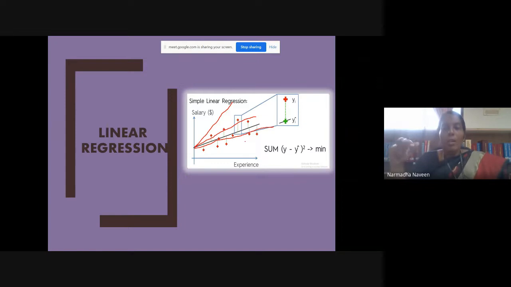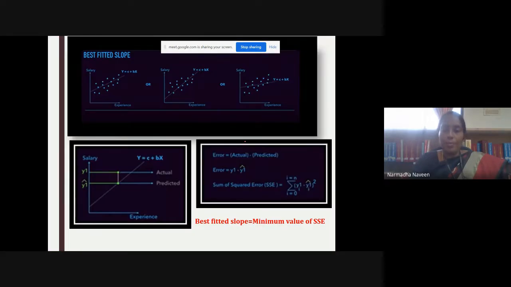This can be represented as the minimum of the error rate, the minimum of the difference between the actual value and the model value. This is given here by the formula: error is equal to actual minus predicted value, where actual is represented by yi and predicted is represented by yi cap.